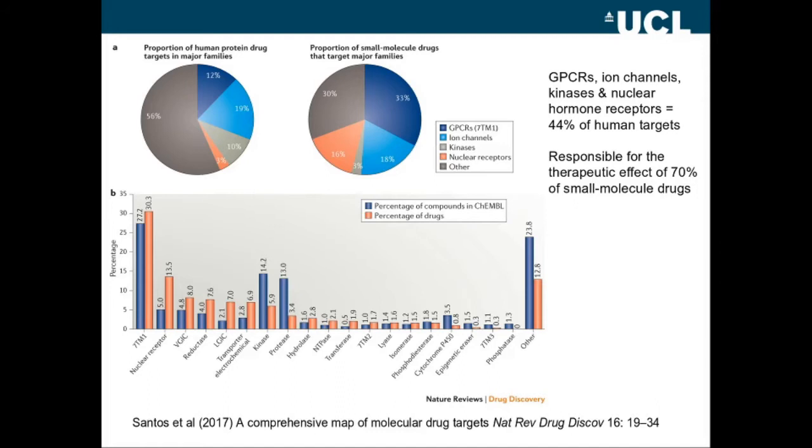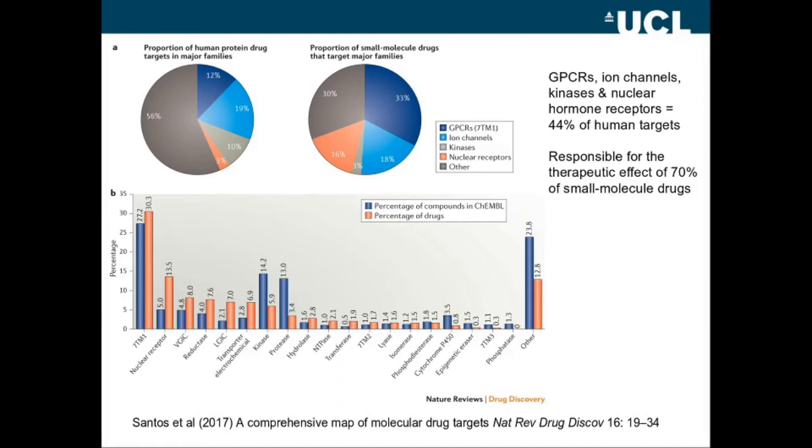Whereas the nuclear receptors, they similarly are hugely overrepresented. There are 3% of those in the proteome, 16% of drugs target them. On the other hand, looking at the kinases, that's 10% of the proteome, but only 3% of drugs.